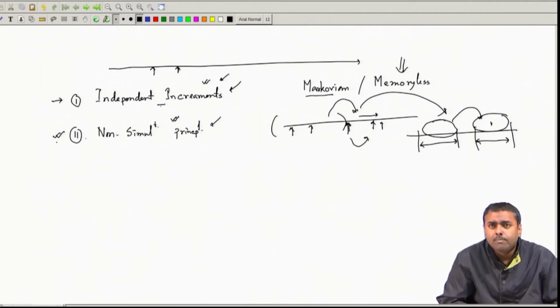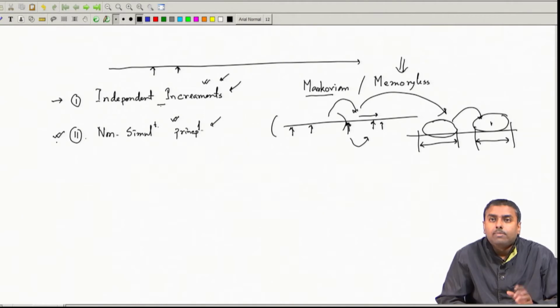I do not think this course has the bandwidth to prove that Poisson is the only process in continuous time, of course, which describes memorylessness.